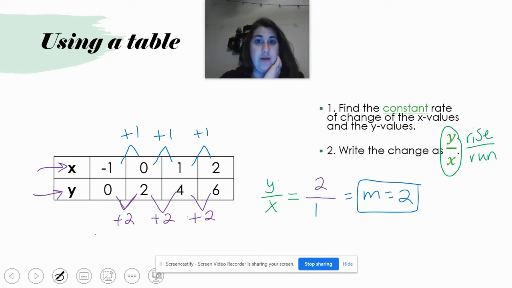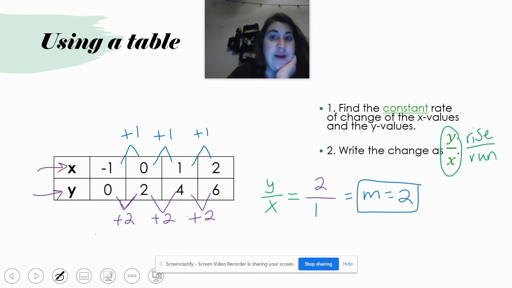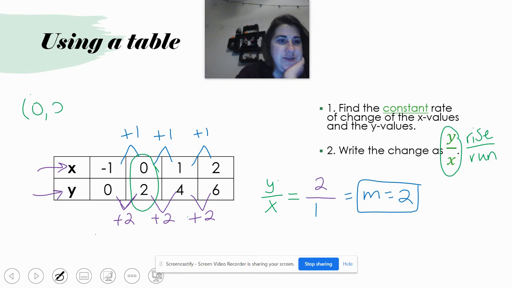Now, where does it cross the y-intercept? Where x is 0, this would be our y-intercept of this point. 0, 2, right? So my b is going to be 2.